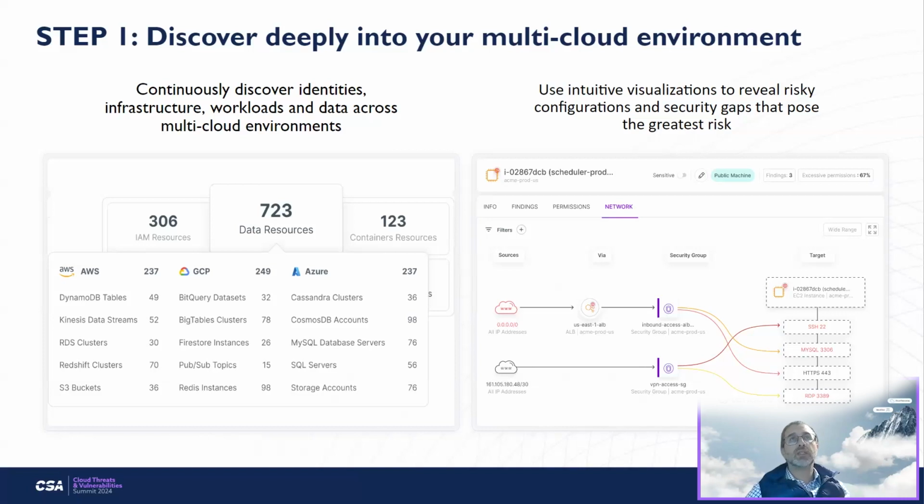You have to continuously discover identities, infrastructure configurations, workloads, data access permissions across your infrastructure, and not only discover those, but also visualize that in an intelligent way that would empower your cloud security teams and your developers to understand where the problems are and what the resolutions should be. It's not only about generating long lists of reports, it's about generating meaningful visualizations that people can act on.